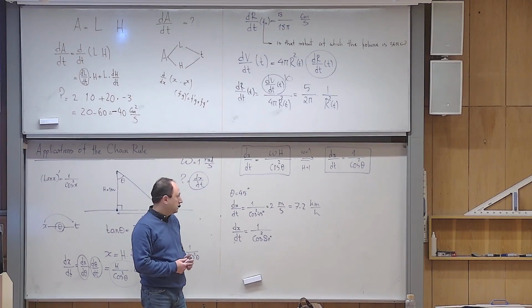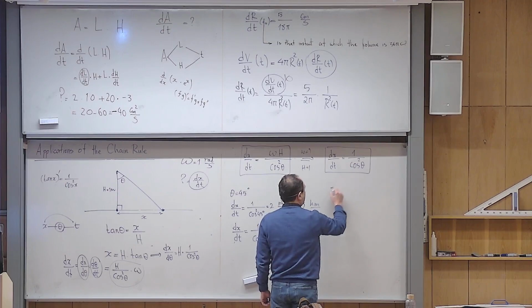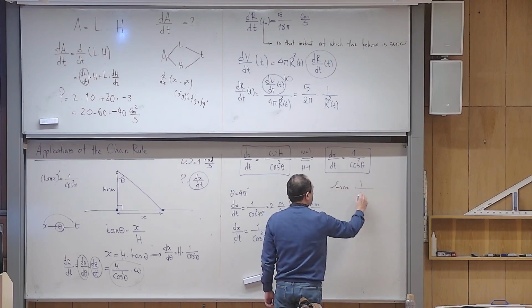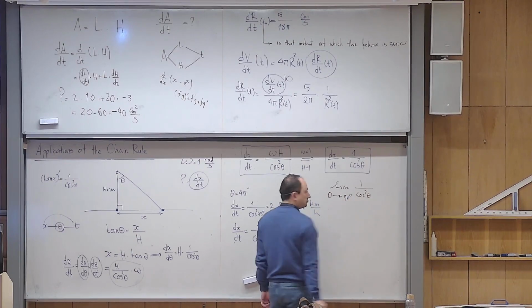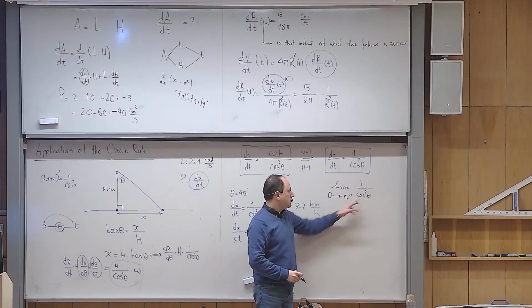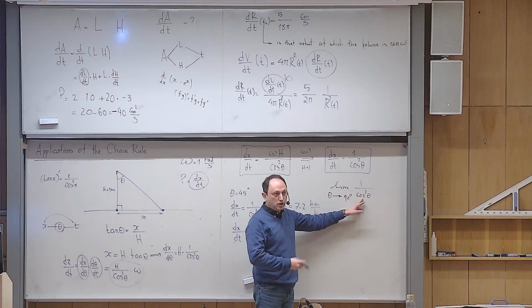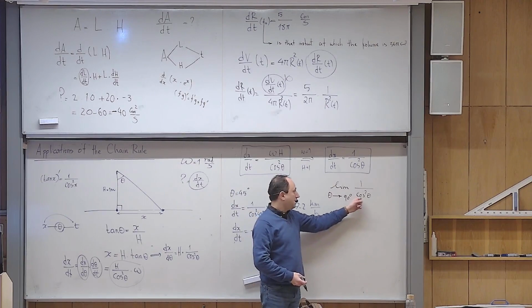This is speed. Why? Because let us look at this function. I take the limit of this function when I send theta to 90 degrees. Cosine 90 is 0. I will not be able to put 0 here, of course, but I can approach 90 as much as I want. Then what happens?